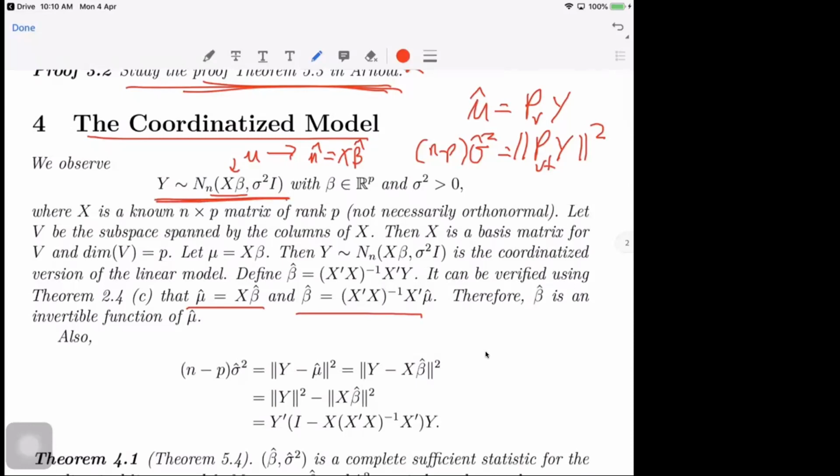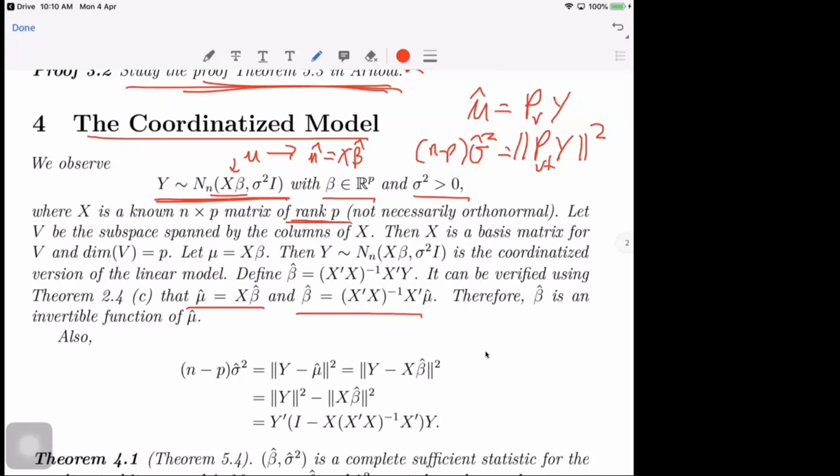We observe y to be normally distributed with mean X beta and variance sigma squared I. Our beta is a p-dimensional vector and sigma is positive. X is a known n by p matrix of rank p.